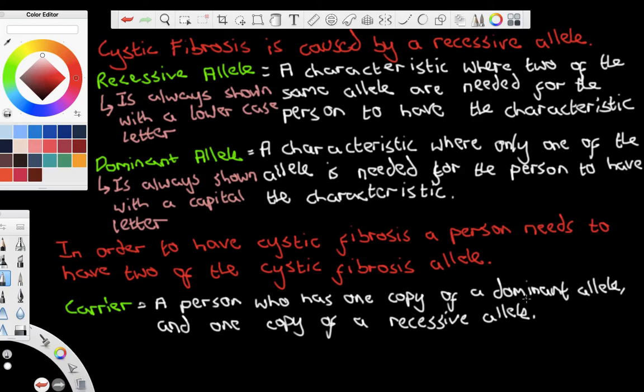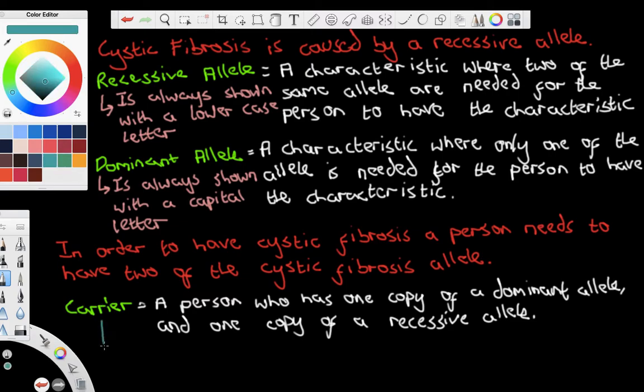Now, if you only have one copy of the recessive allele for cystic fibrosis, you do not have the illness yourself, but you can produce children with the illness.